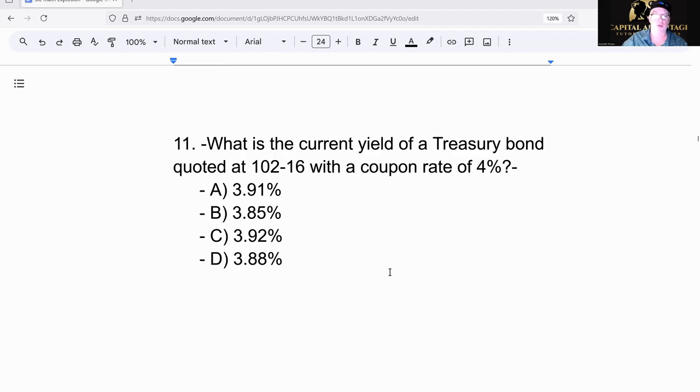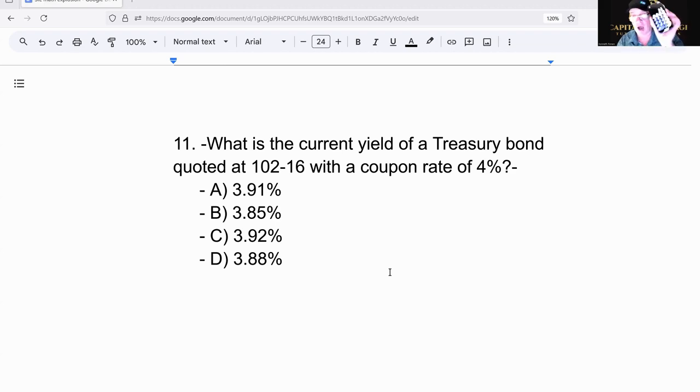Again, current yield of a treasury bond, 102.16. Whenever you see a decimal or dash, it is a treasury, which means we have to divide by 32. The number after the dash or decimal: 16 divided by 32 gives me 0.5.